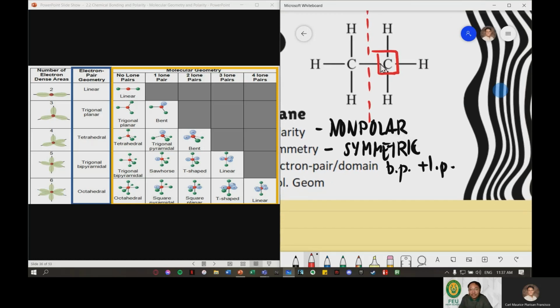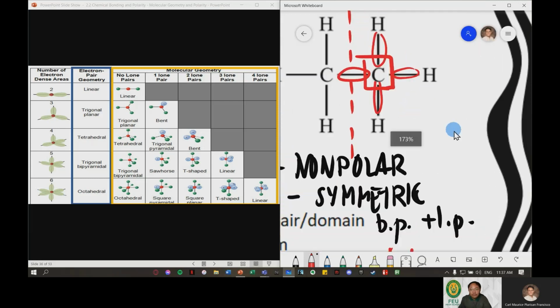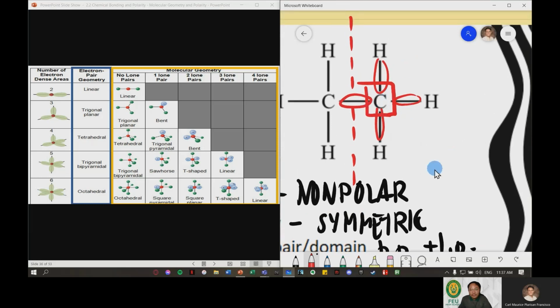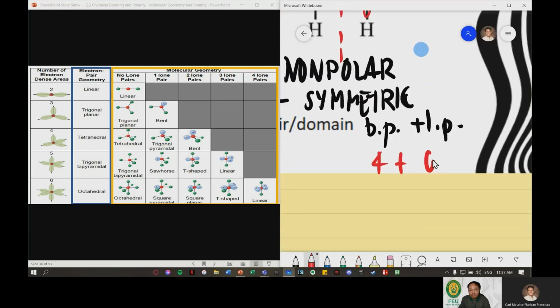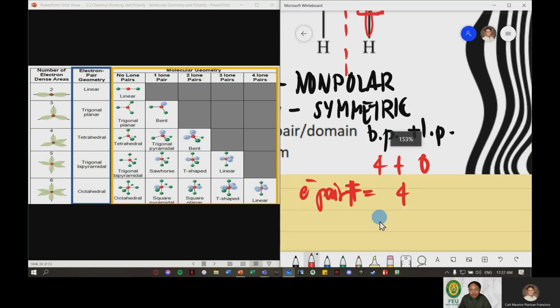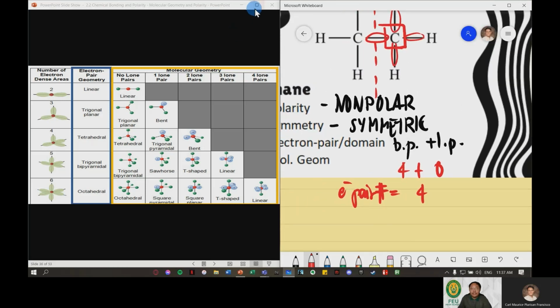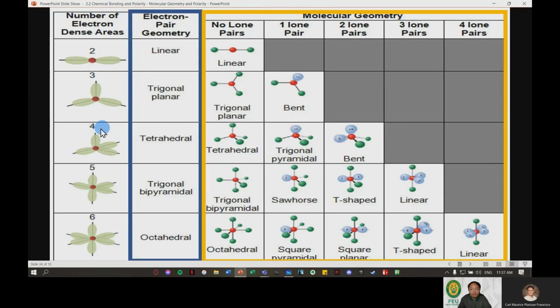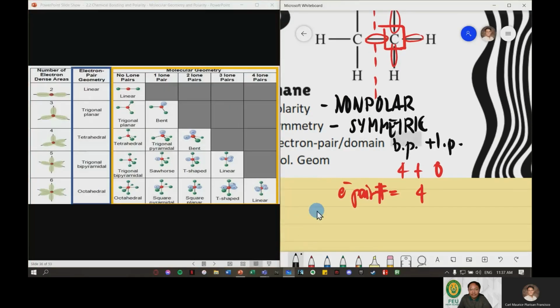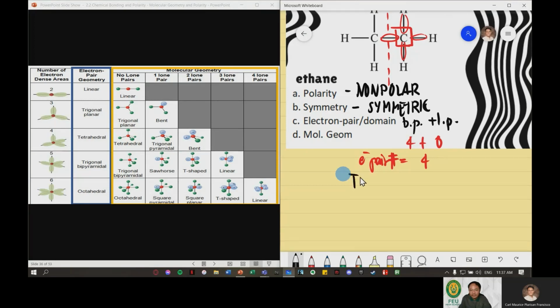So start with bonding pair. 1, 2, 3, 4. Lone pair, carbon number 2 doesn't have any lone pair. So 0. 4 plus 0, this would be your E-pair number. Okay? So E-pair number, just look back here in your table. 4, it coincides with tetrahedral. So your answer for this particular item would be tetrahedral.